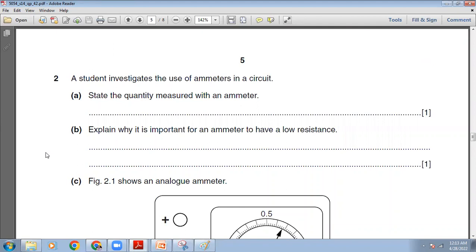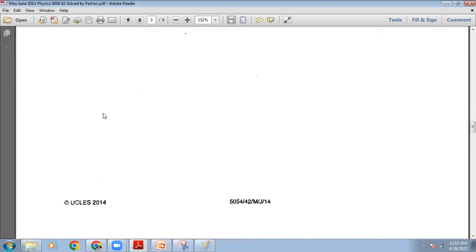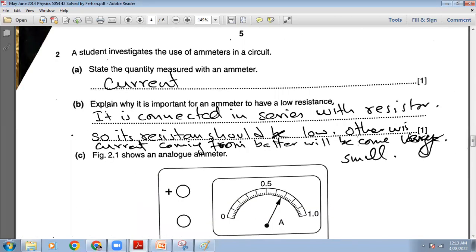That's question number 2. A student investigates the use of ammeters in a circuit. State the quantity measured by an ammeter. Oh, sorry, we are talking about the ammeter. I told you about the voltmeter.